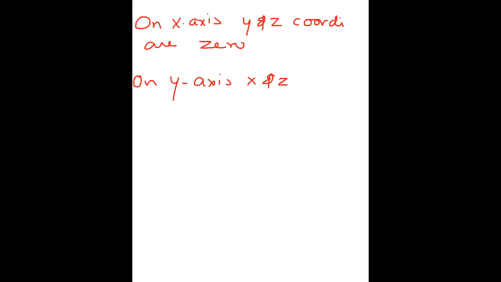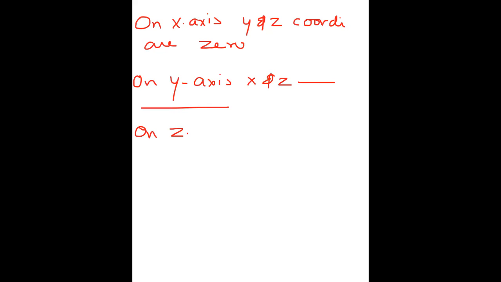On the x-axis, y and z coordinates are 0. In the same way, on the y-axis, x and z coordinates are 0.